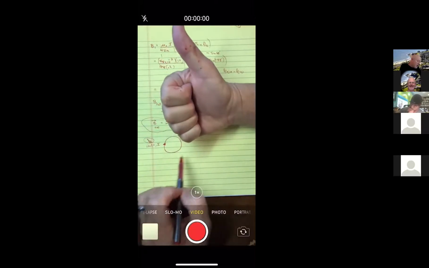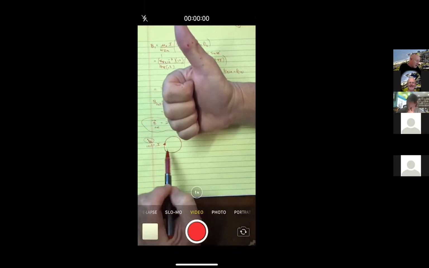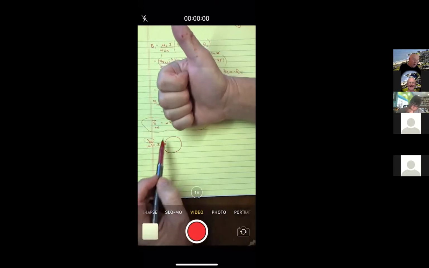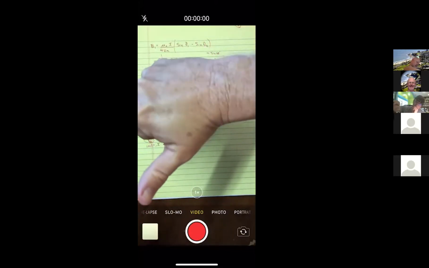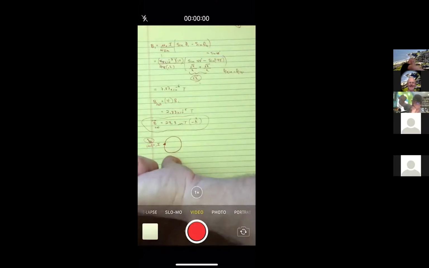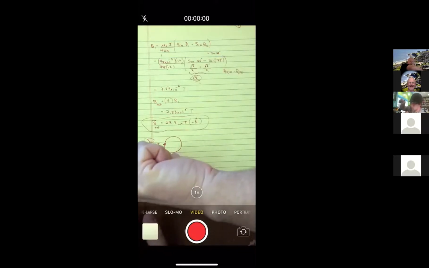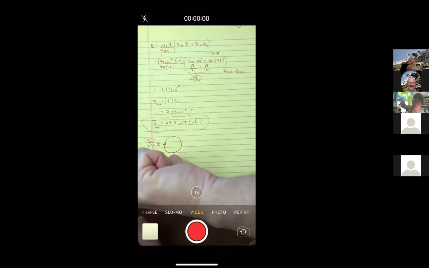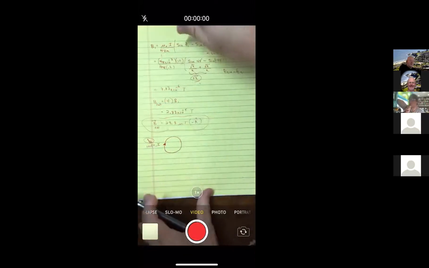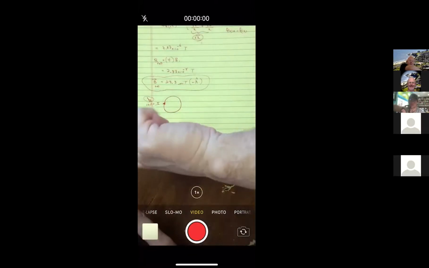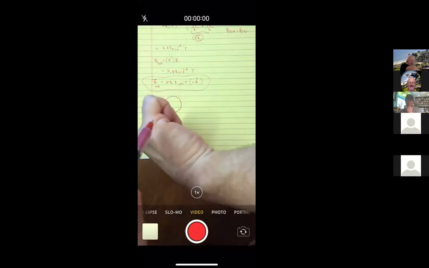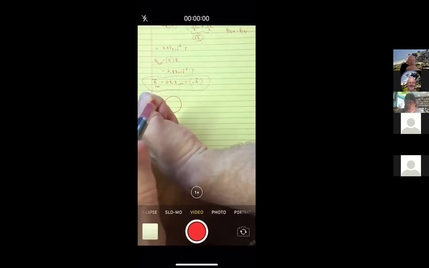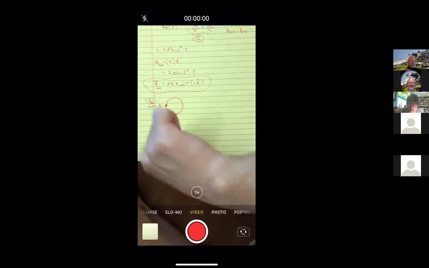To make my fingers loop in the same direction as this loop that I've drawn, I'm going to have to turn it so my wrist and my thumb are pointing down. So it would be something like this. And so now my pinky is making a loop in a clockwise direction.